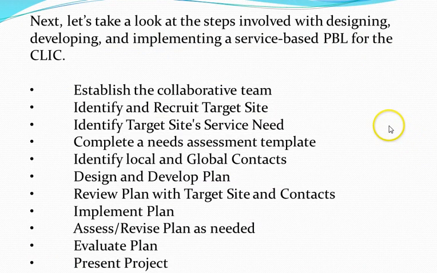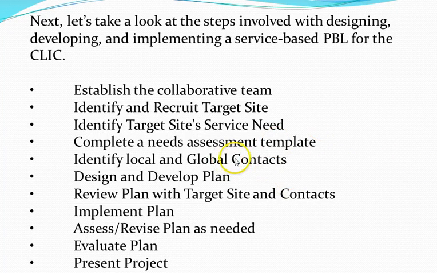Next, let's take a look at the steps involved with designing, developing, and implementing a service-based PBL for the CLIC. We will start off by establishing the collaborative team. Teams will then want to identify and recruit the target site, identify target site service need, and complete a needs assessment template based on the initial interview of the target site.